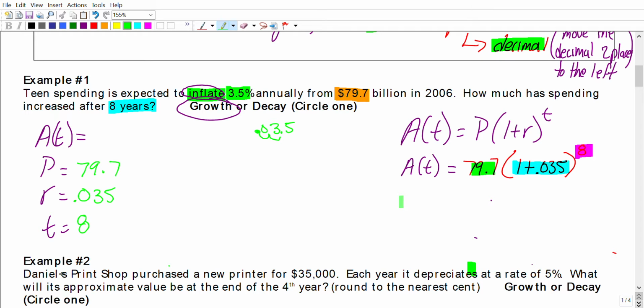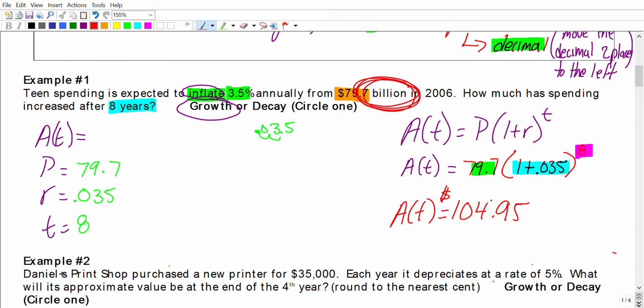So A of t equals 104.95. And then what are we talking about here, guys? Well, A of t is our ending value, our ending balance. So this is in dollars, but remember our problem said we were in billions of dollars. So this is 104.95 billion dollars.